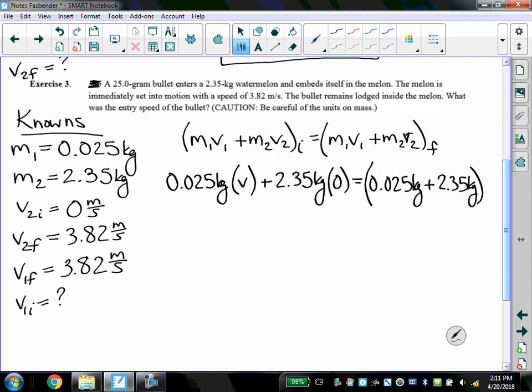And the reason why I'm adding the mass of the bullet and the mass of the watermelon together is because those two things are both moving at the same speed. So they're moving at that 3.82 meters per second. So this makes my algebra a little bit easier if I just add those two masses together and then multiply it by their same velocity. And when we finish off the algebra for this, we can find what the muzzle speed of the bullet is. It ends up being 363 meters per second.